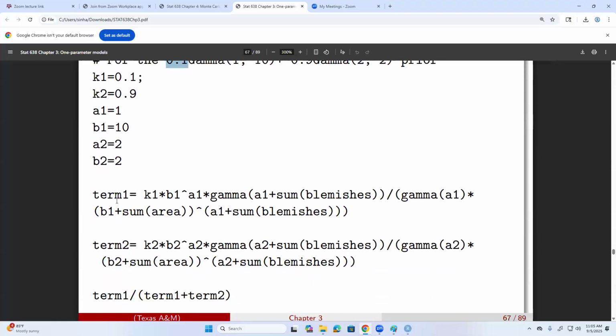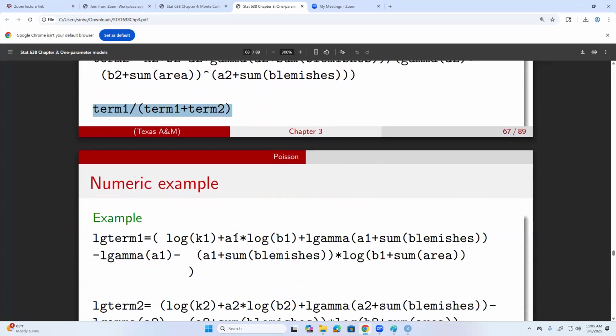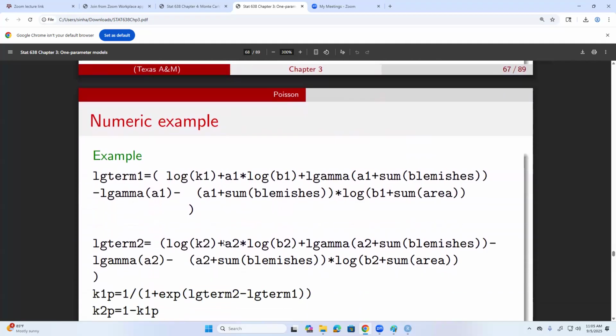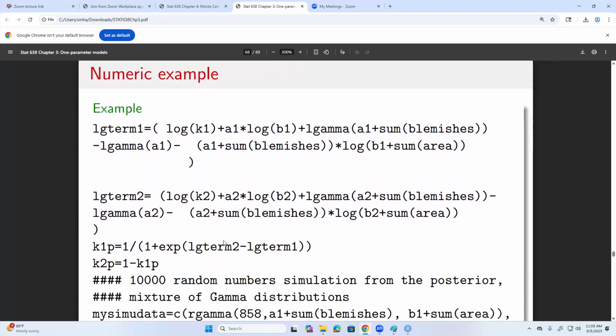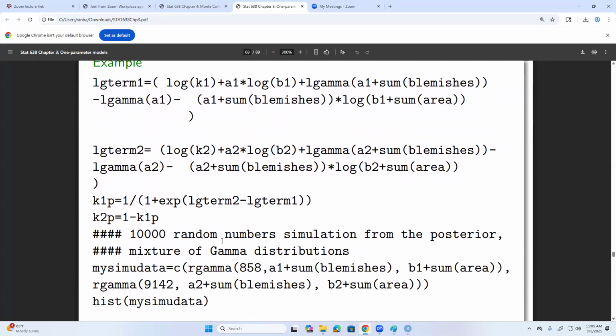And I calculated that. So this mixing weight is term 1 over term 1 plus term 2. So this is the calculation.